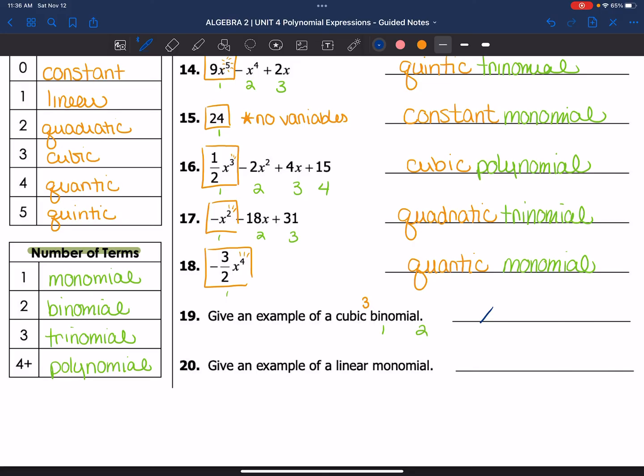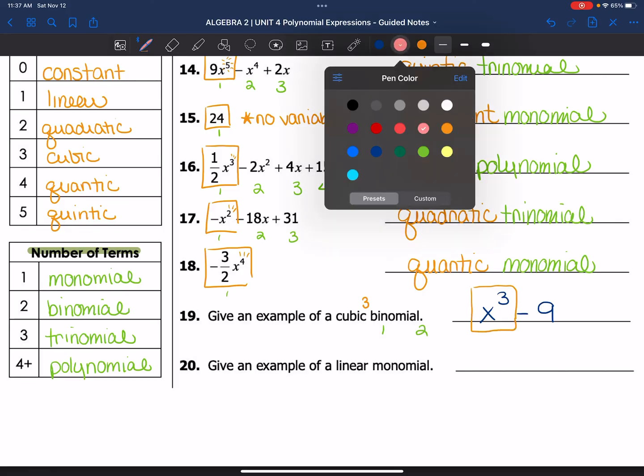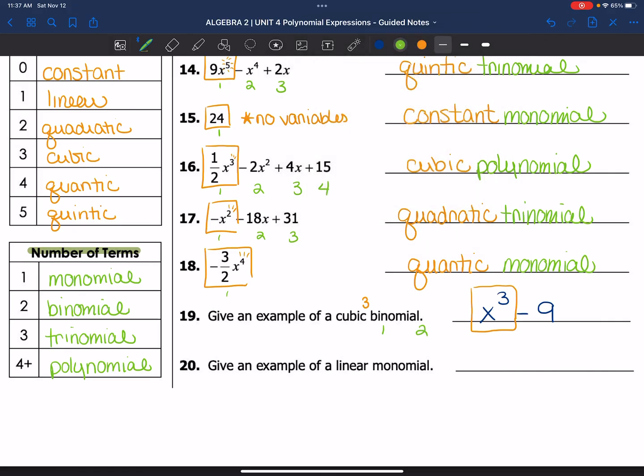I'm just going to go with x. So maybe x cubed, and then I need 1 more term, so maybe minus 9. The highest power is a power of 3, making it cubic, and then we have our 2 terms, 1, 2, binomial, cubic binomial.